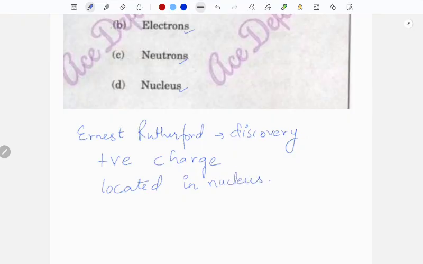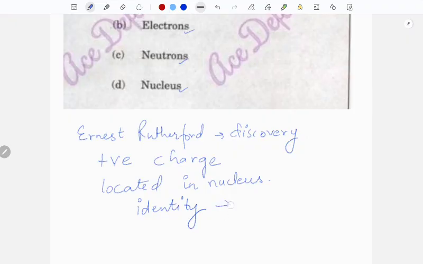Got it? So basically, that is what a proton is. Now, how does it help in determining the properties of an element? It basically tells us the identity. If I talk about identity, all of you must have some kind of identity cards with you, right?